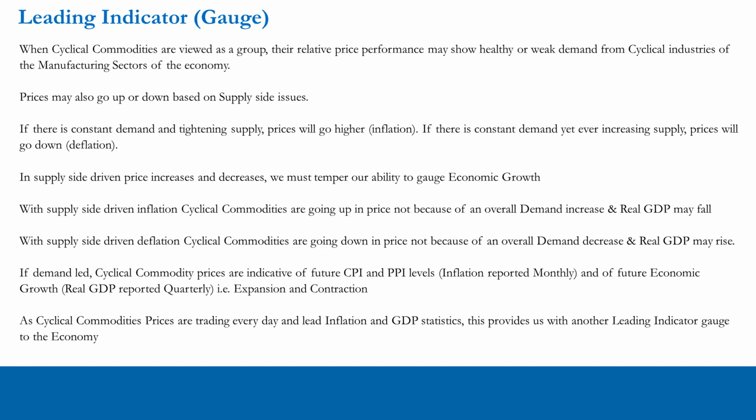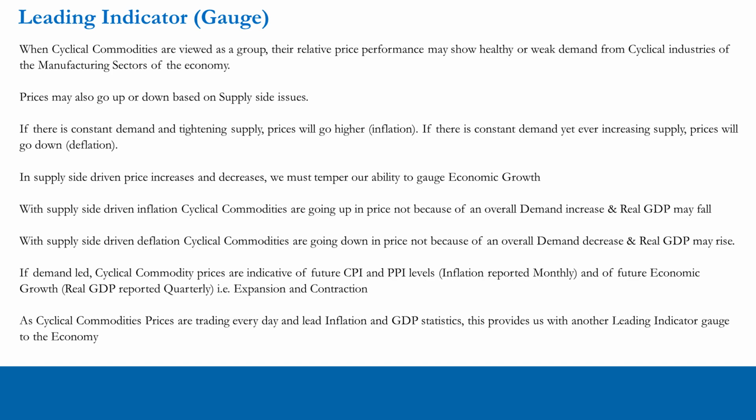On the flip side, with supply side driven deflation, the cyclical commodity price is going down, not because of an overall demand decrease. It's going down because of an oversupply of the commodity given a constant level of demand. And even in that situation, when the commodity price goes down, real GDP in the future may rise more than we expect.